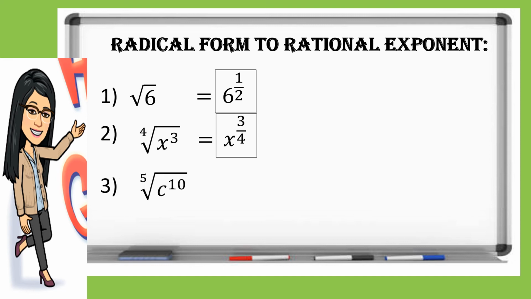The fifth root of c raised to 10. This is the same as the base c raised to exponent 10 over the index, which is 5. So c is raised to 10 divided by 5, which is 2. So we have c squared as the simplified form.